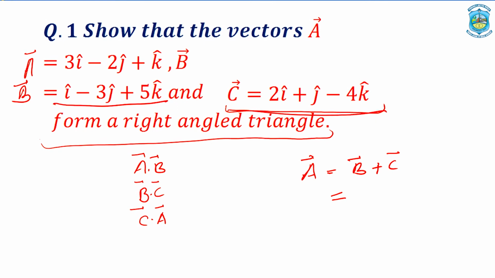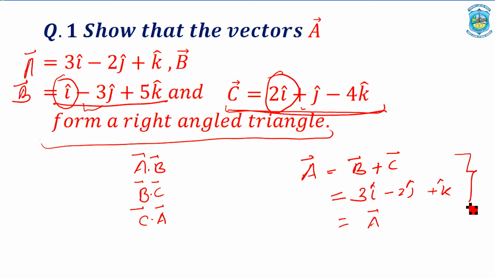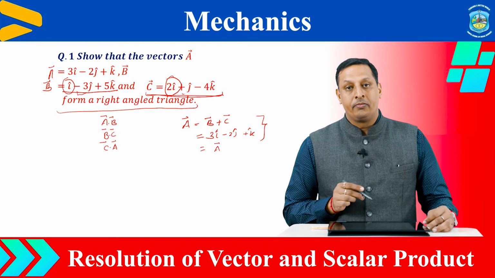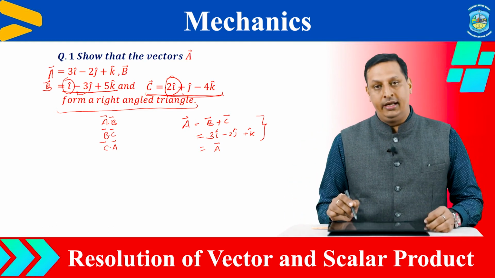When we find the sum, this component will be added to this component, meaning we will get 3i cap, plus here minus 3j and here plus j, it will be like minus 2j, then plus k cap, and this is equivalent to A vector. This condition is satisfied, meaning they are definitely forming a triangle.